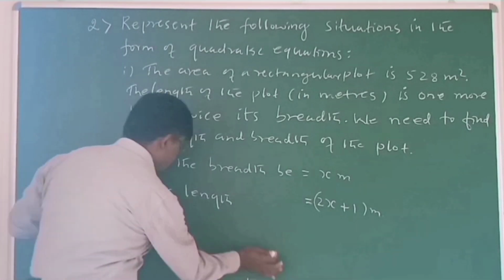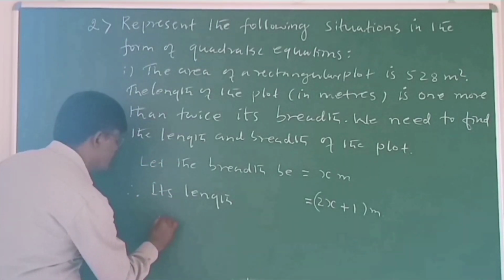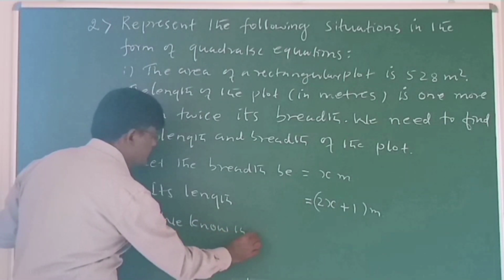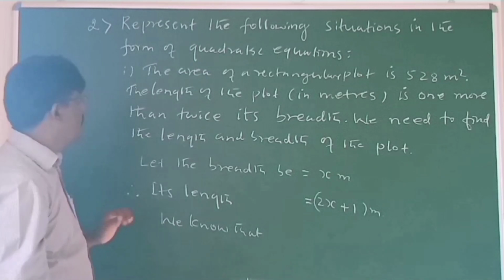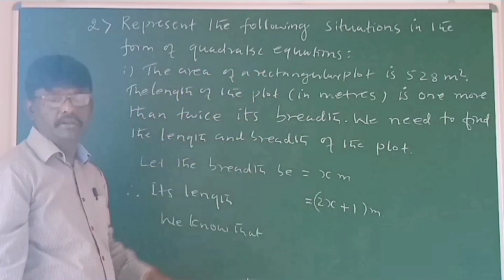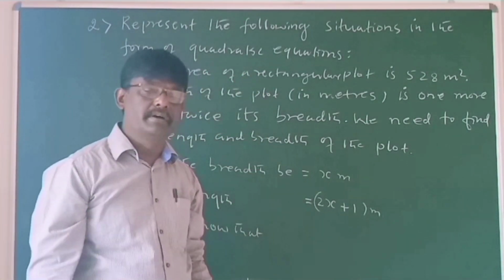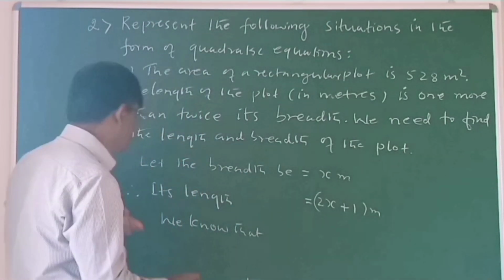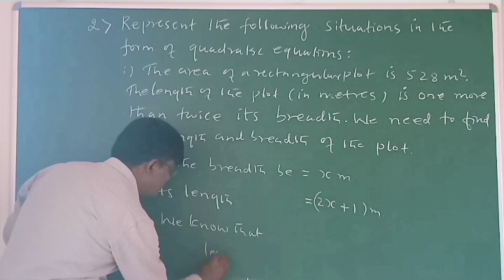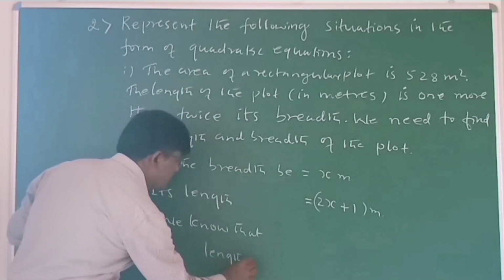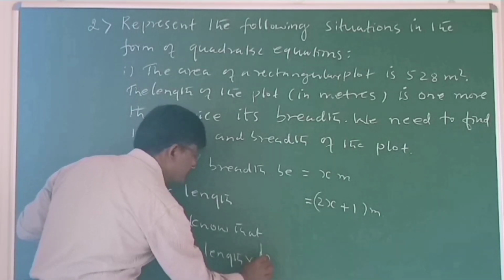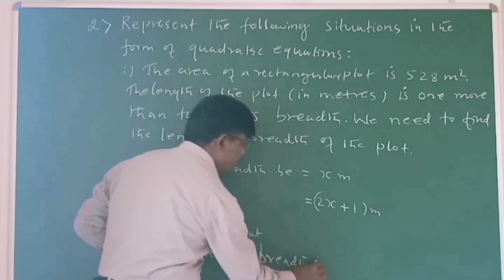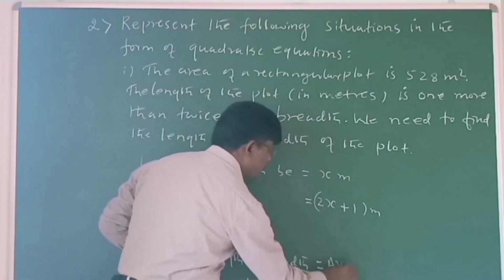Hence, we know that since it is on area of rectangular plot, what is the formula for area of a rectangle? Area equal to length into breadth. Therefore, we know that length into breadth equal to area.